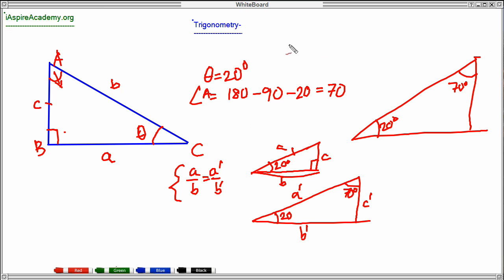Before we get into that, let me write something which you may have heard of. That's called SOHCAHTOA.